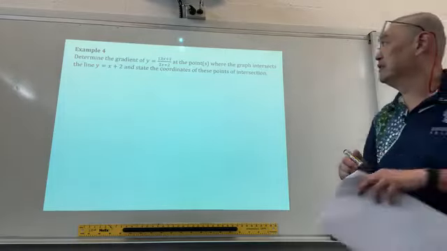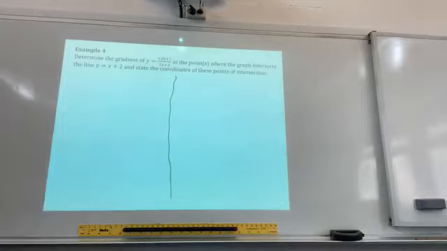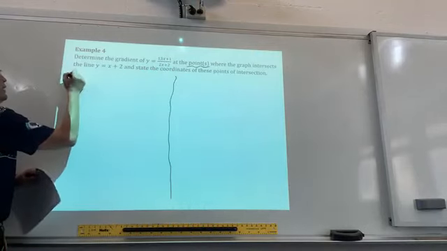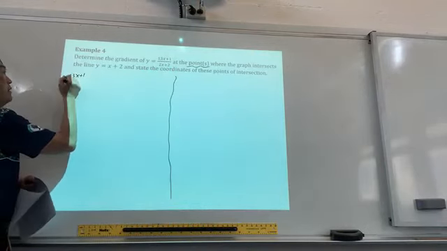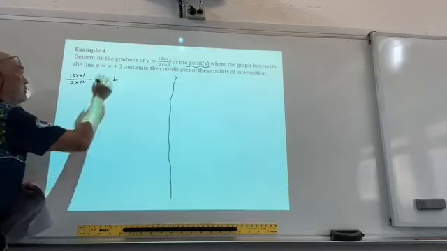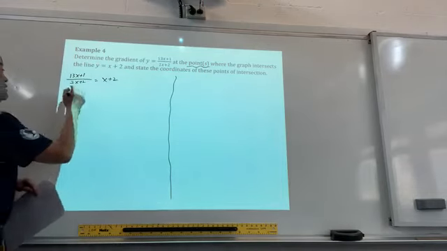All right, first, what I'm going to do is find the points. All right, I'm going to find the point first. So I'm equating 13x plus 1 over 2x plus 2 equals x plus 2. Can you solve for x? Yeah? So multiply both sides by 2x plus 1.